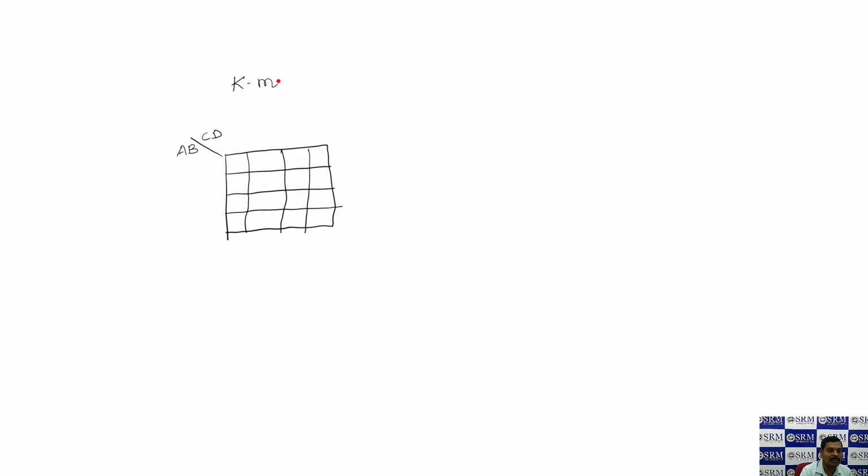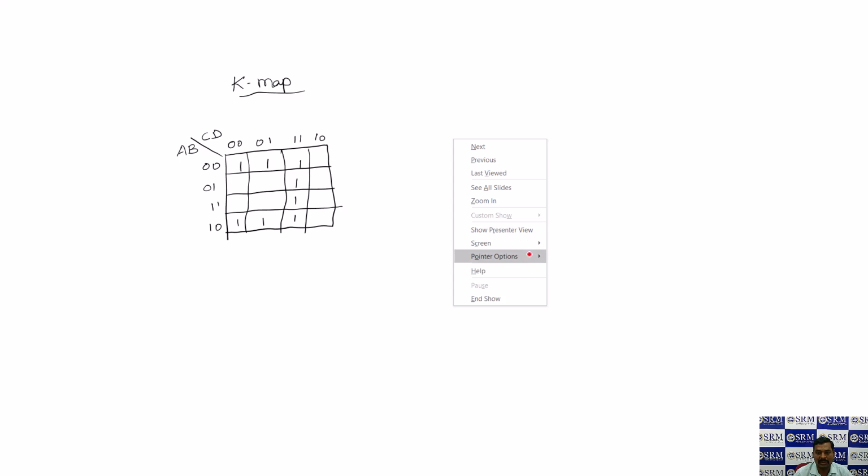The axes are 00, 01, 10, 11, similarly 00, 01, 10, 11. I'm writing the given function: M0, M1, and in the same way all the given minterms, writing 1s in those cells. I will use another color to distinguish it.